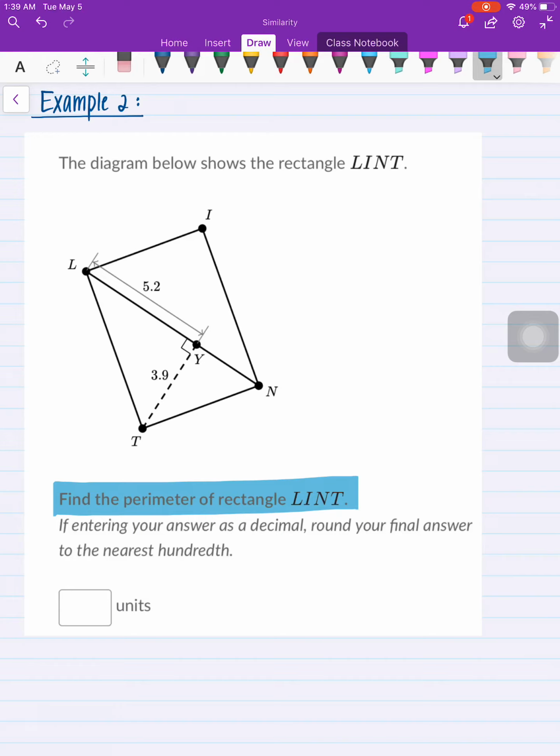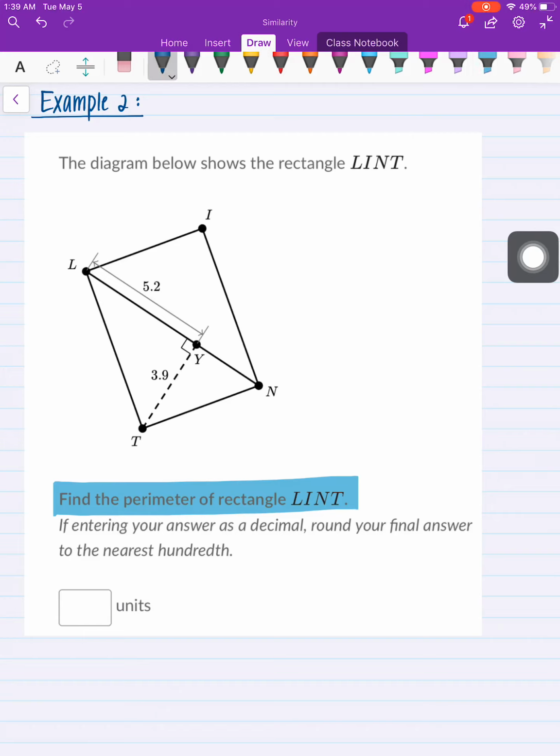Now, a few things to talk about here. Whenever we're talking about a rectangle, we know that the opposite sides are congruent. So then LI and NT would be the same measurement, and LT and IN would also be the same measurement.